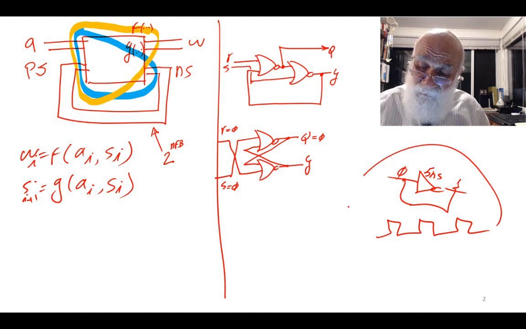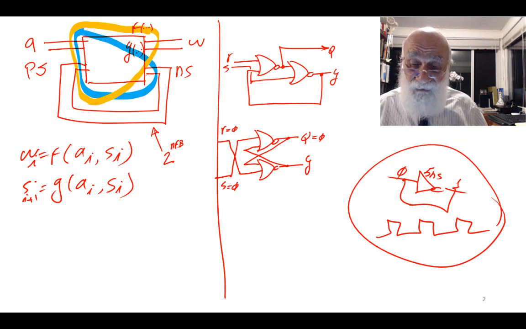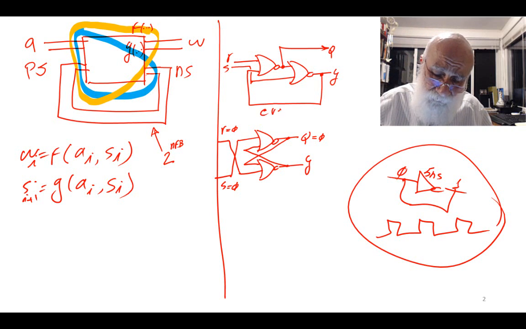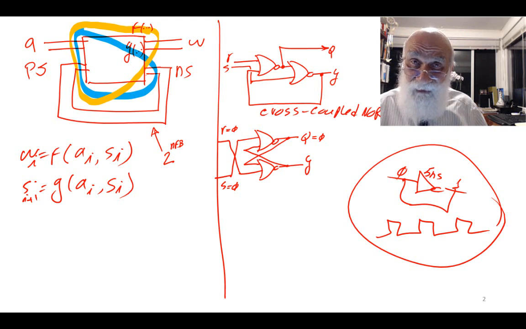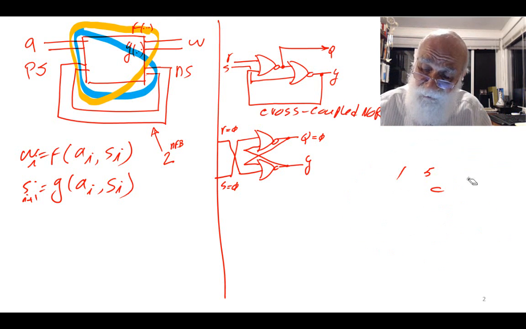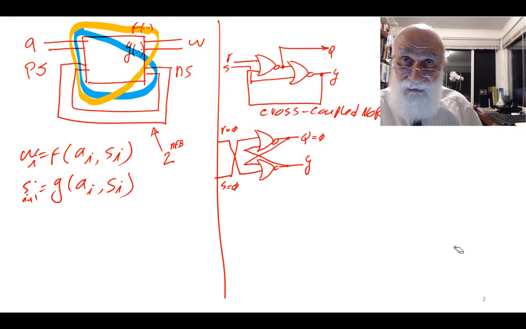But then the difference between this circuit and the circuit I'm showing on the left here, the cross-coupled NOR, is that the circuit on the left is stable, the circuit on the right is not stable. But then how can I prove that it is stable?